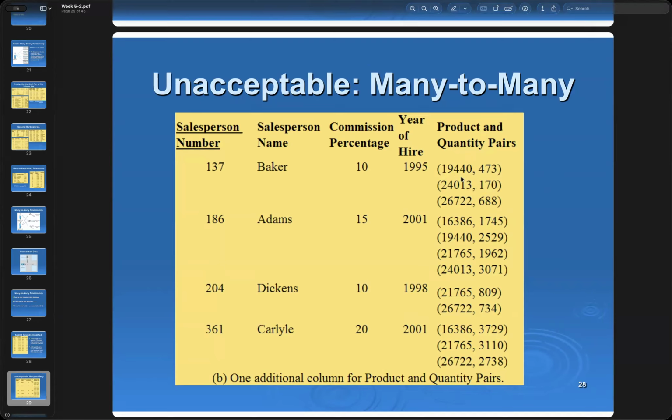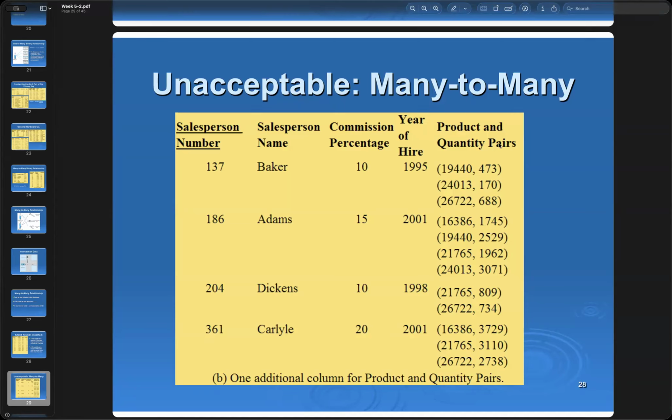We never put multiple values in one cell. After first normal form, we make sure every row is atomic. Later we'll talk about what the first normal form and second normal form are, but right here, it's not acceptable.